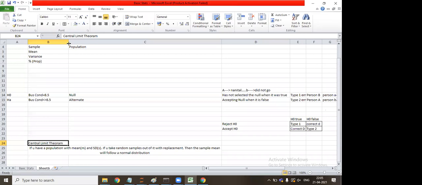So normally the central limit theorem says that if you take 30 random samples from any population, with replacement, the sample means will start following a normal distribution.